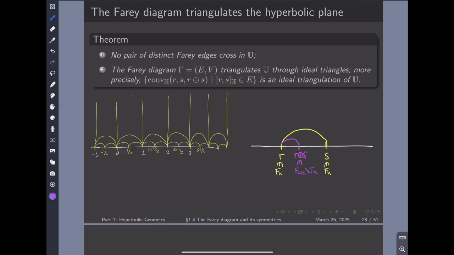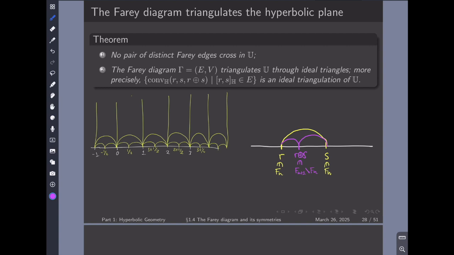Those are the new ones, and inductively, I'm assuming that any two edges connecting elements of Fn do not cross. And now I want to prove that any two edges connecting elements of Fn plus 1 do not cross.